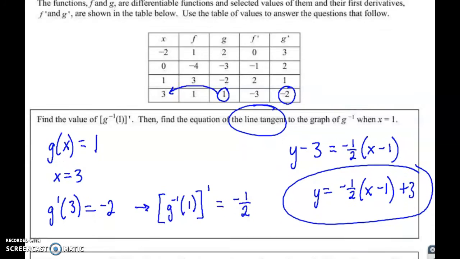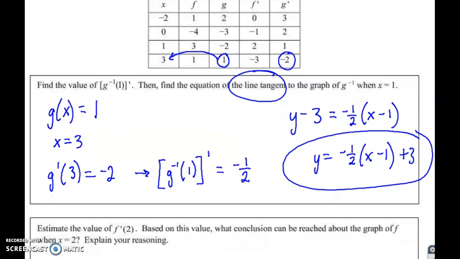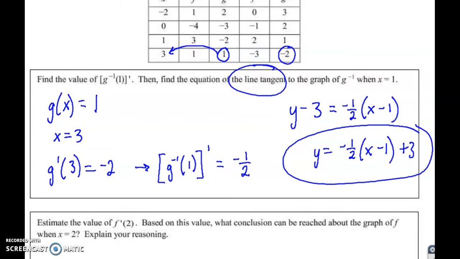And again, strongly encourage you to pause the video at any point and write down the notes. Here's another one that's asking you to estimate the value of f prime of 2. Well, if we are estimating something, then it makes sense to do a difference quotient. So f prime of 2 is approximately f of 3 minus f of 1. I'm using these values because they're in the table. 3 and 1 are right here.